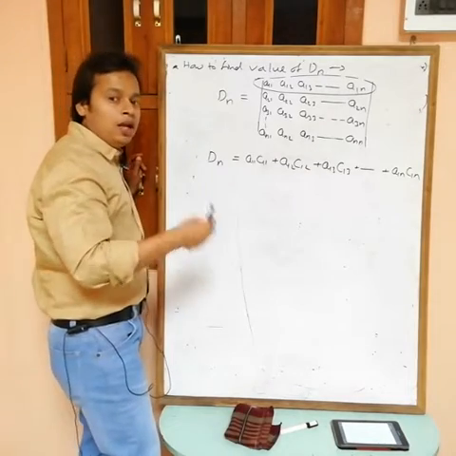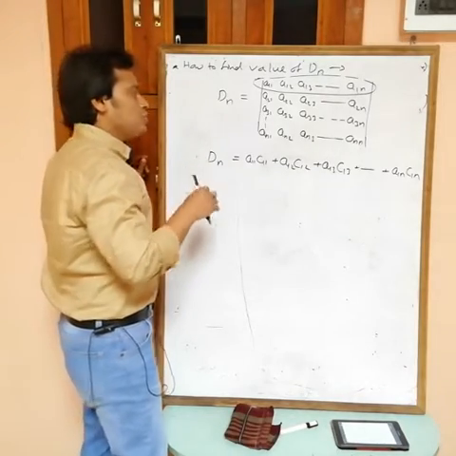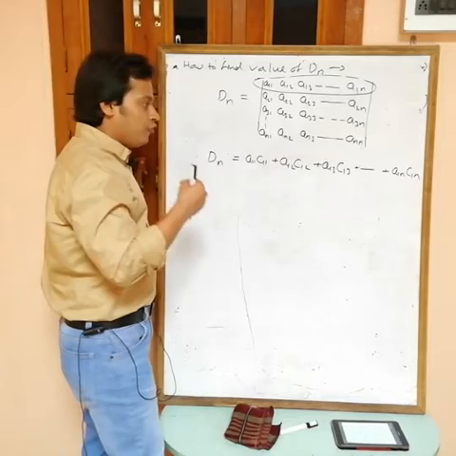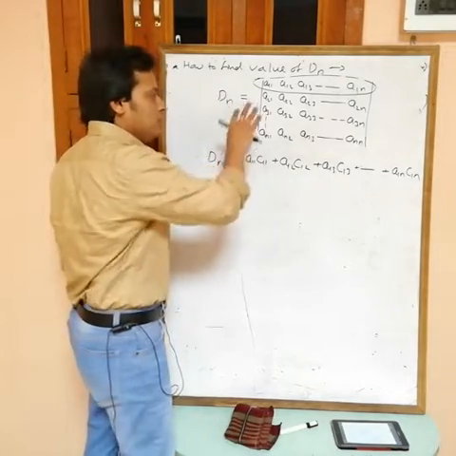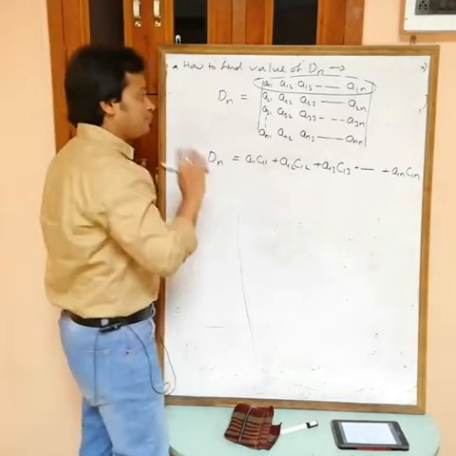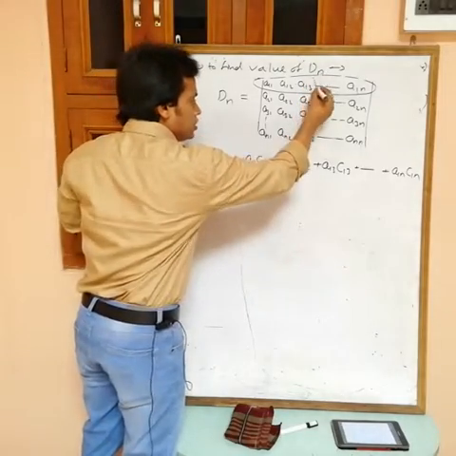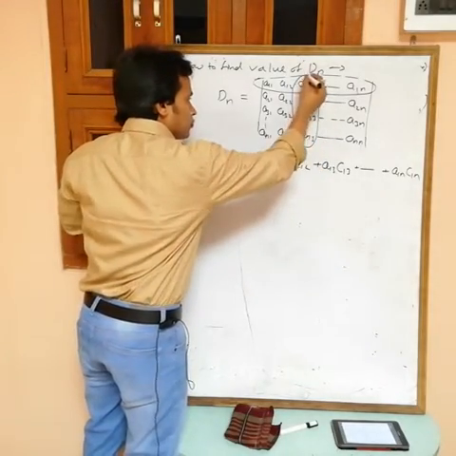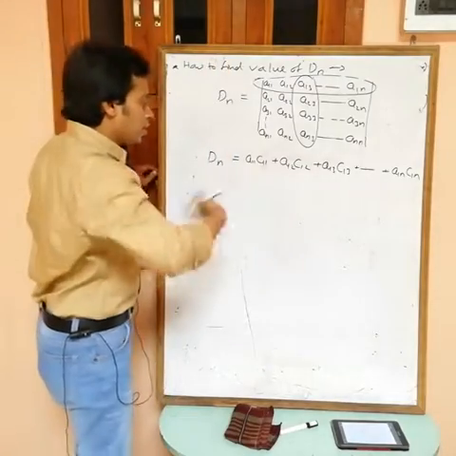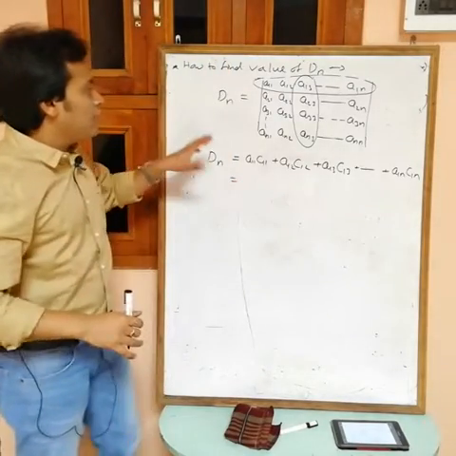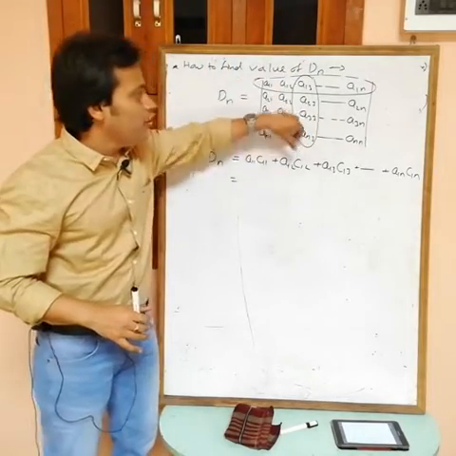You can select any row or any column, and for every option you will get the same value of determinant. Now choose any column. I am selecting C3, the third column. If you select the third column, then you can also find the value of this determinant using the elements of this column.